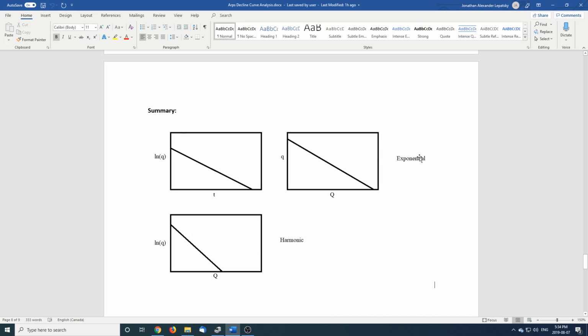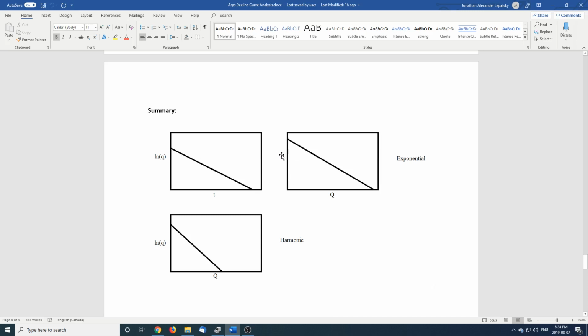If b is equal to 0, you have exponential, and if you plot log q versus t, then you get a straight line. If you plot log q versus t for harmonic, where b is equal to 1, or for hyperbolic, where b is equal to anything like 0.05, you're not going to get a straight line. You're only going to get the straight line if you have b equal 0.